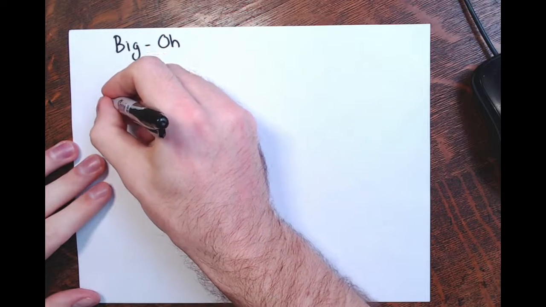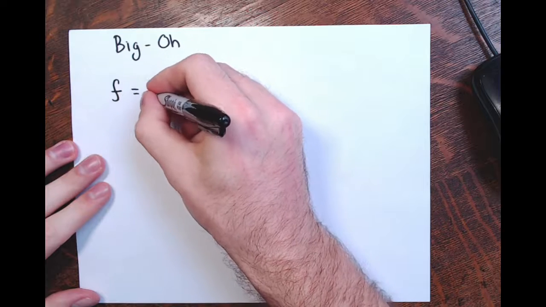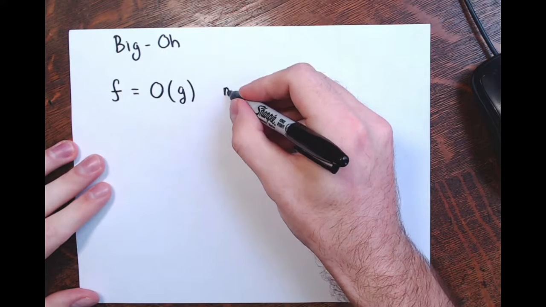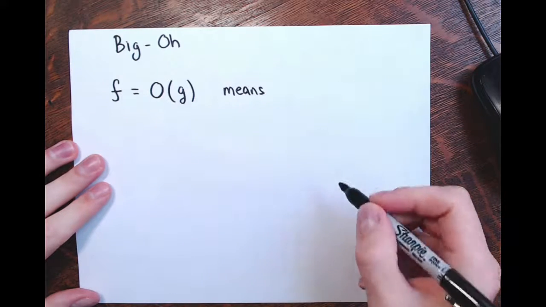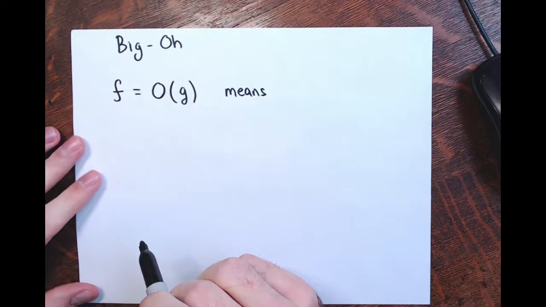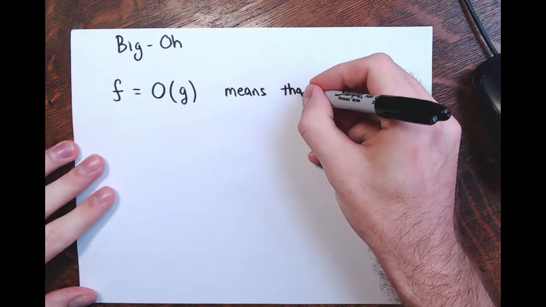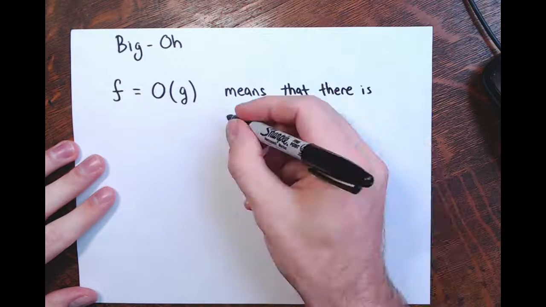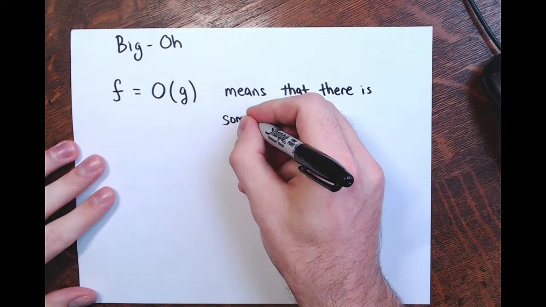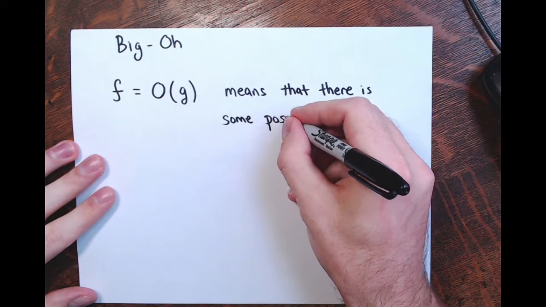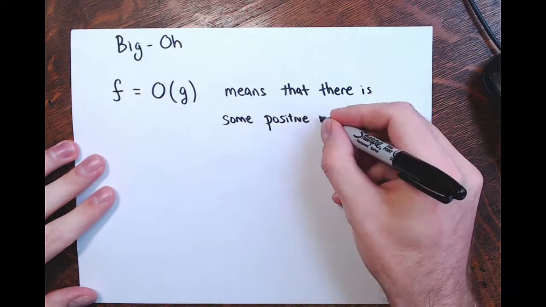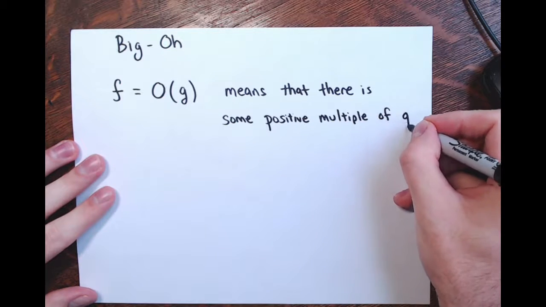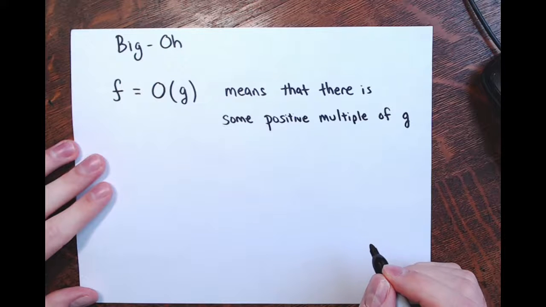When you say that a function f is O of g, this means that there exists some positive multiple of g that is eventually larger than f.